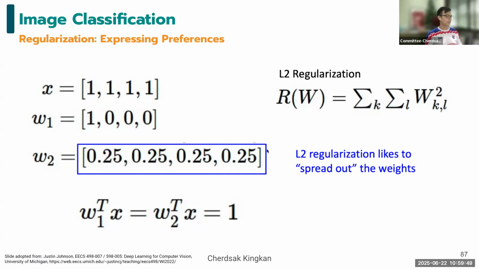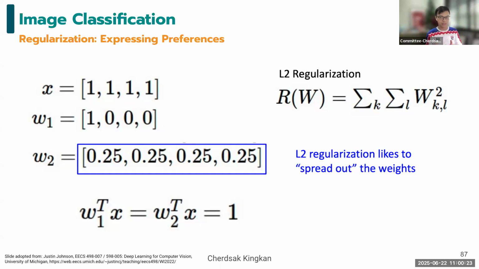But if you look at the elements or the values inside each W here, you can see that with W1, the model is just paying attention to one feature within the image, because it's 1 over here and then 0 on the rest. If we choose this model, it means that we want the model to pay attention to one particular feature of the image.